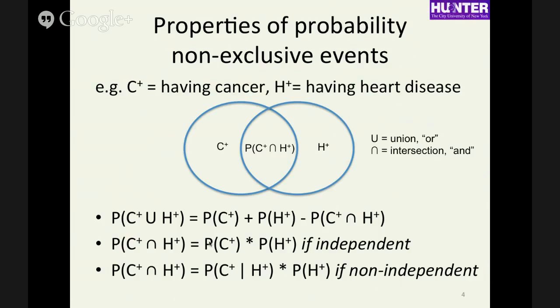Close. I think what he said was probability of having heart disease given that you have cancer times probability of cancer. Yeah, that's right. Here, I'll write this on the slide.